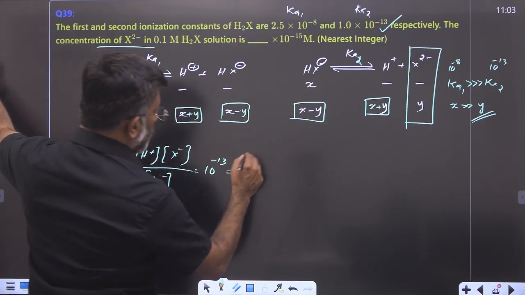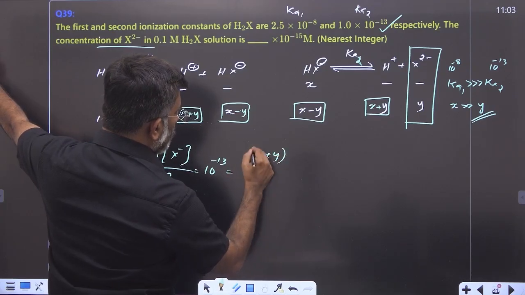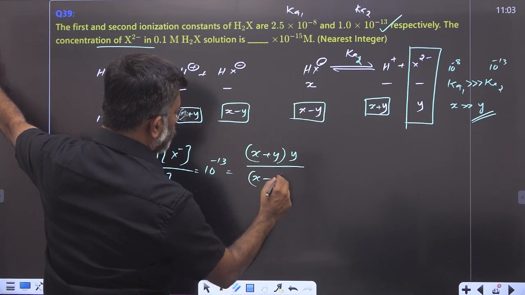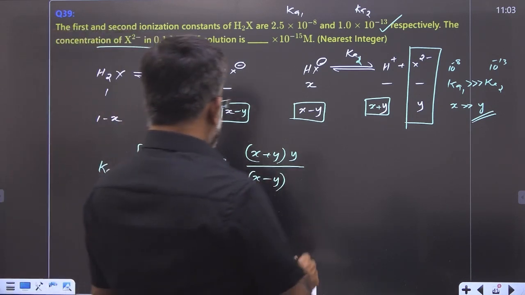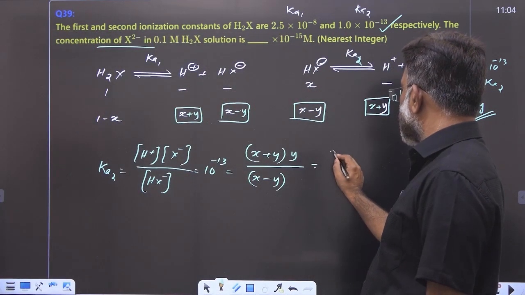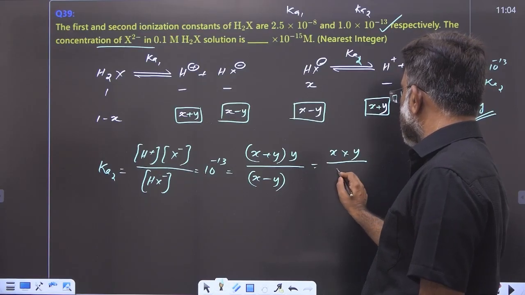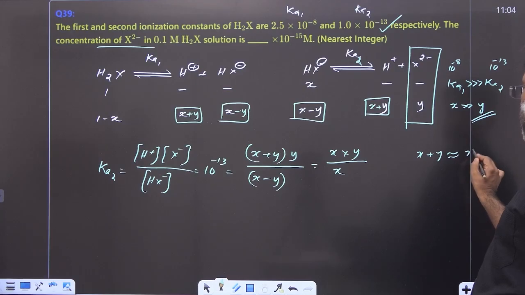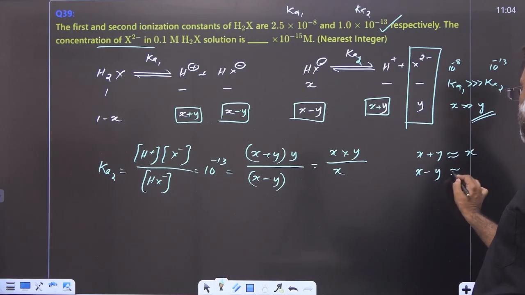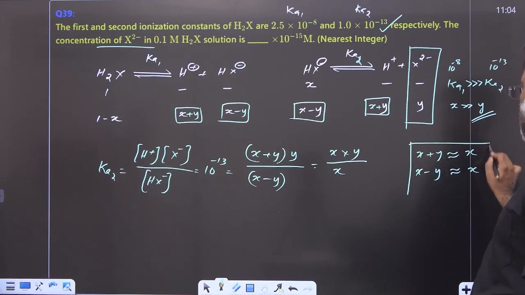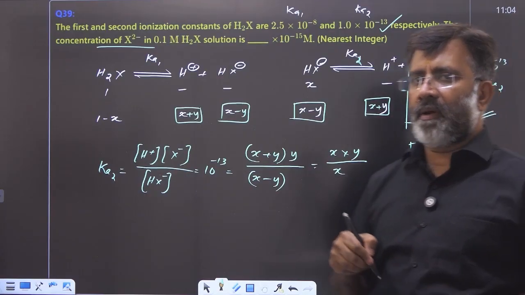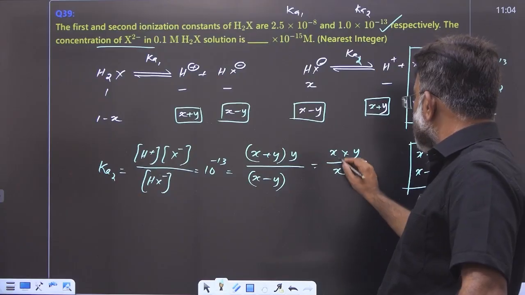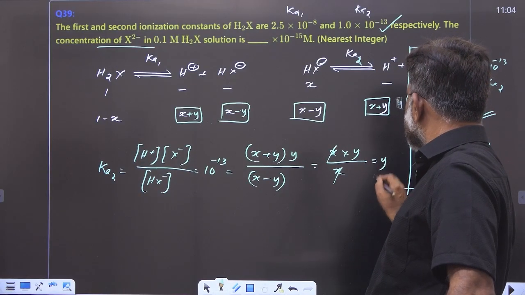And that is equal to x plus y into y by x minus y. And that can be written as x into y by x, because x plus y is nearly x, and x minus y is nearly x, because y is negligible compared to x. Is it clear? So that means you get the answer. This is equal to y.